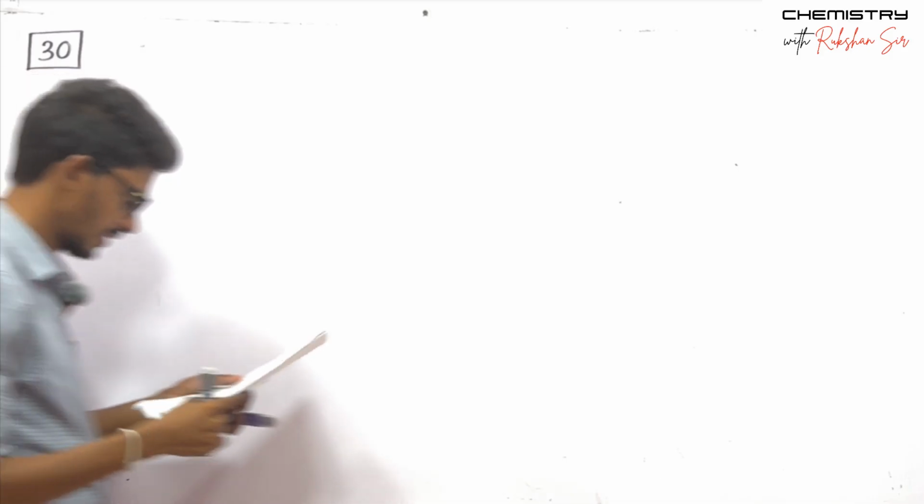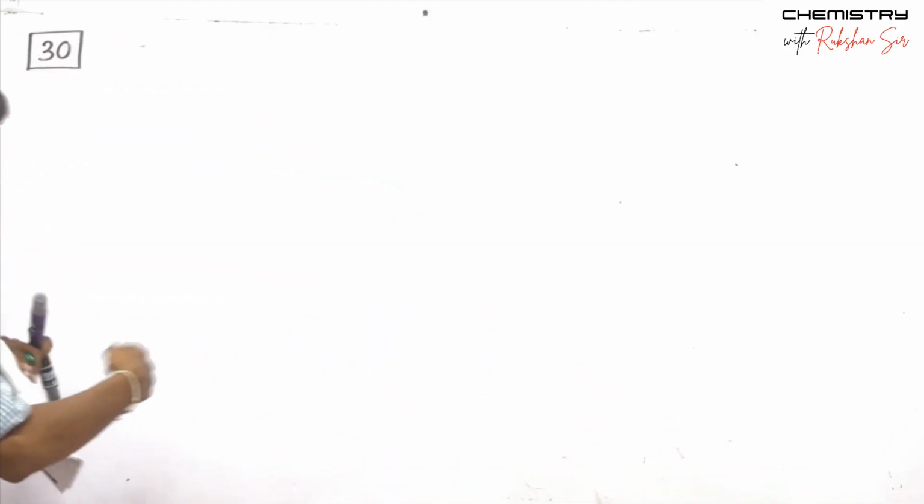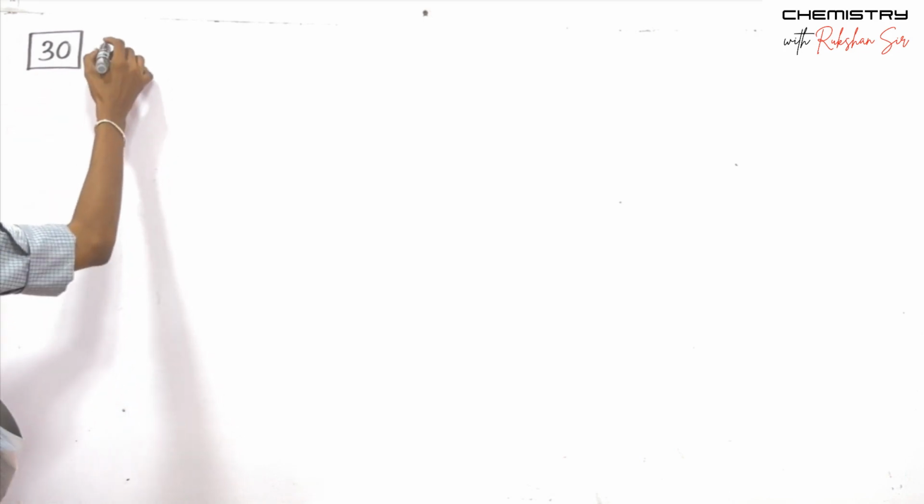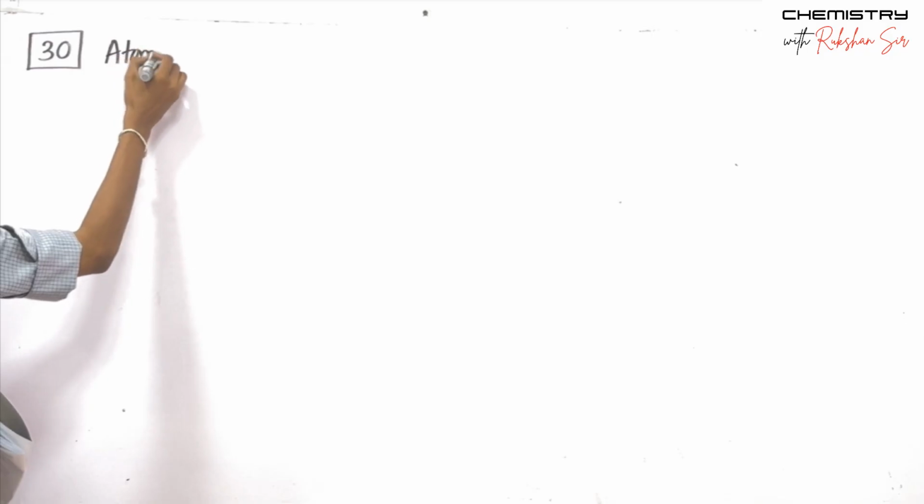Right? See what it says. The scientist who disproved Thomson's plum pudding model of the atomic structure, who is the one who disproved the Thomson's plum pudding model? Right? This is about atomic models. Let's quickly have some idea about the atomic models, how they evolved, right?